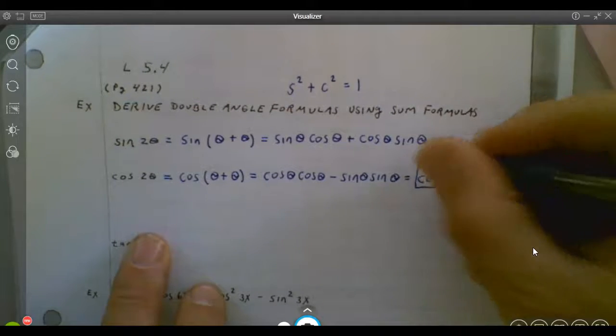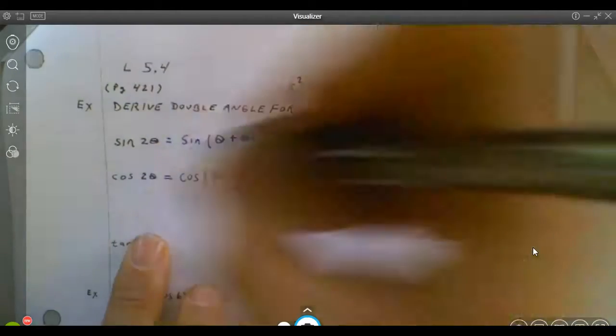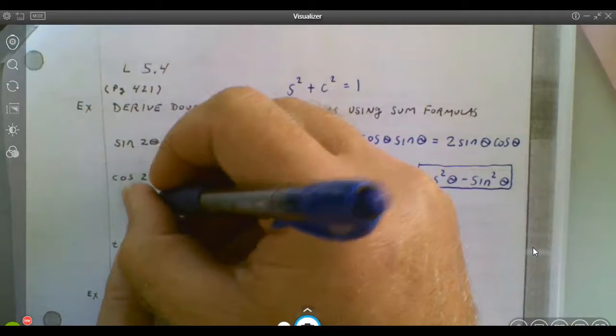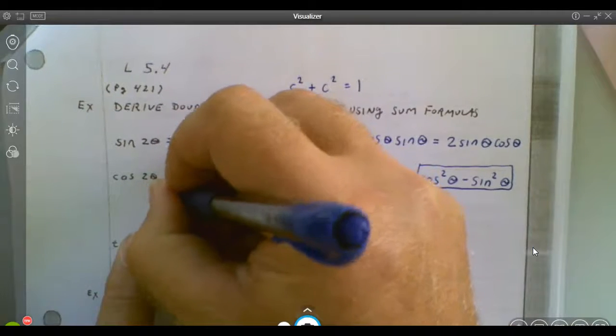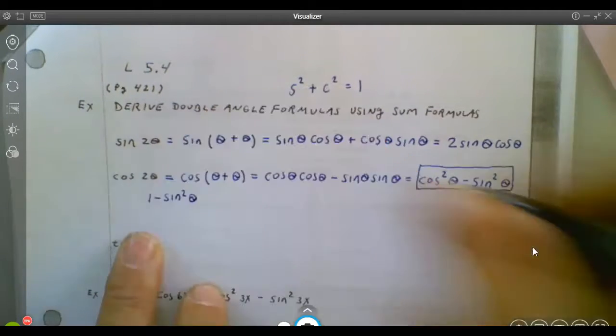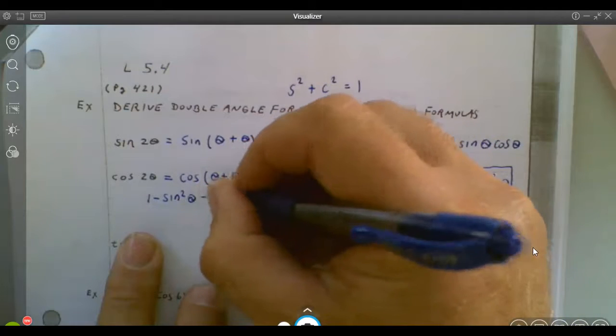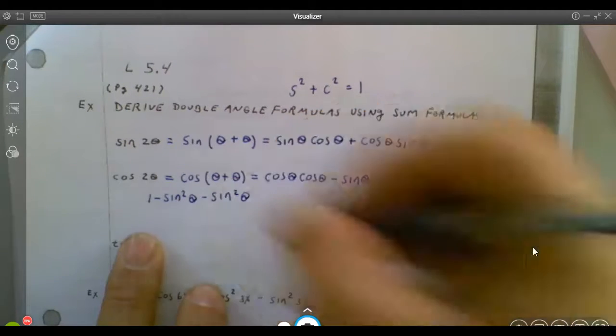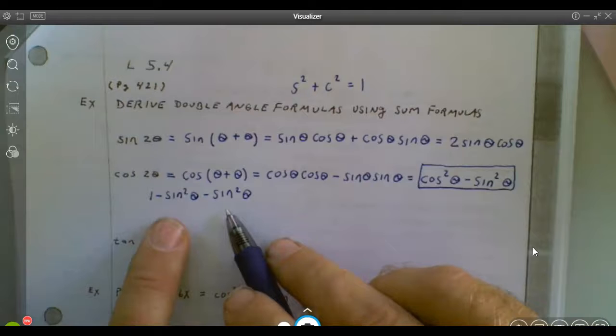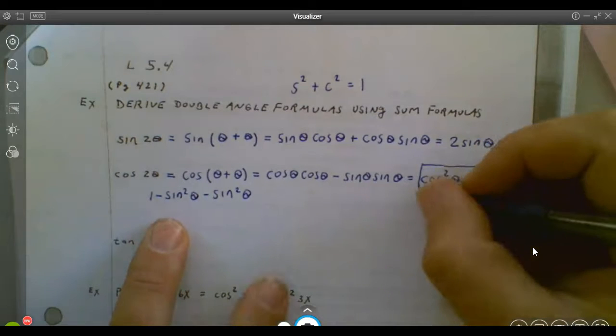But if I replace cosine squared with 1 minus sine squared, then I get 1 minus sine squared minus sine squared, which is just 1 minus 2 sine squared theta.